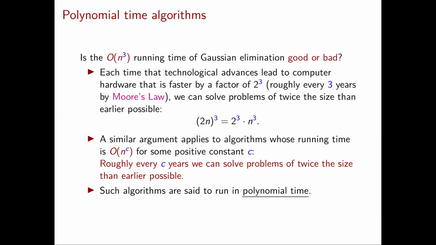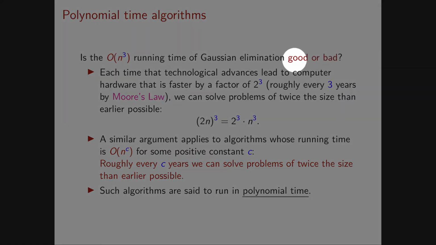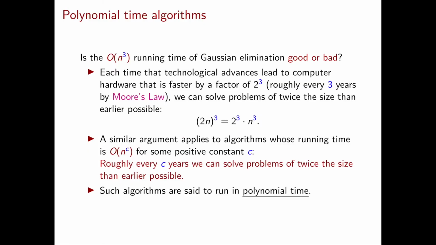What I want to convince you of in this slide is that essentially this running time is good. Of course it will be good because we will later compare it with something that has a running time that is much worse and which will be our bad running time. In this slide I will not be very formal, I just want to give you an idea on why we essentially think that this running time is good.